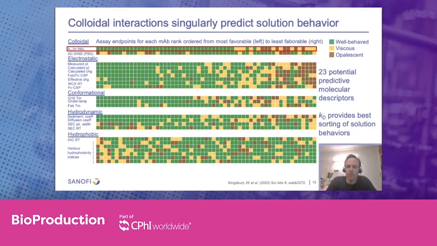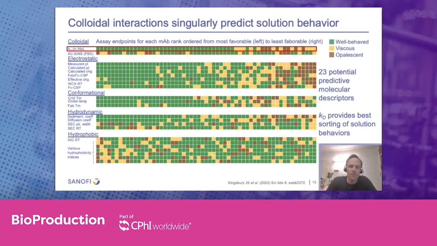So for a good predictive assay, we would expect to see a sorting of the colors with the well-behaved ones, the green ones on the left, and the brown and yellow ones on the right. And that's exactly what we see with the diffusion interaction parameter. So qualitatively speaking, KD is a very good way of identifying well-behaved antibodies.